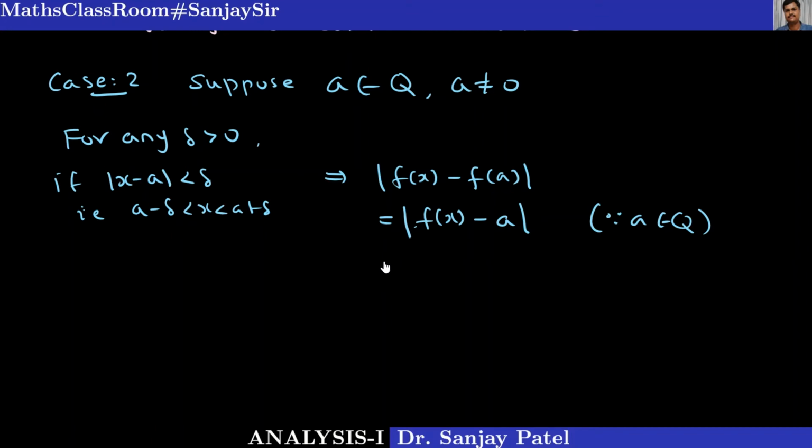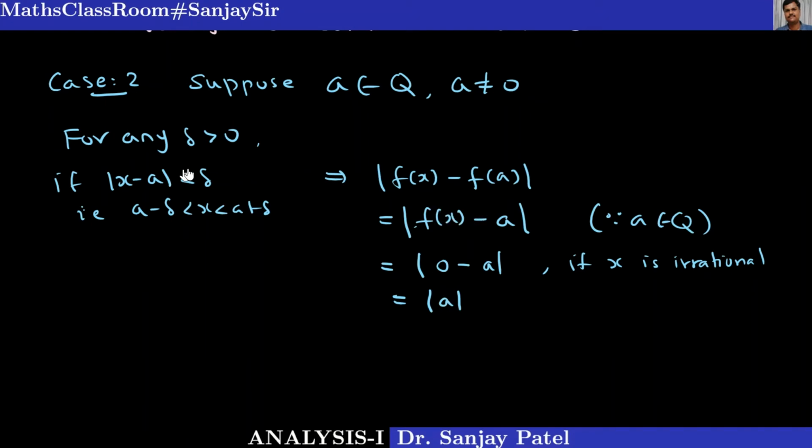Now this x is between a minus delta and a plus delta, and there are infinitely many rationals and irrationals as we discussed in the previous example. If I choose some irrational number in place of x, what I will get is 0 here by definition of the function. So what I am getting is |a| as the final value of |f(x) minus f(a)|.